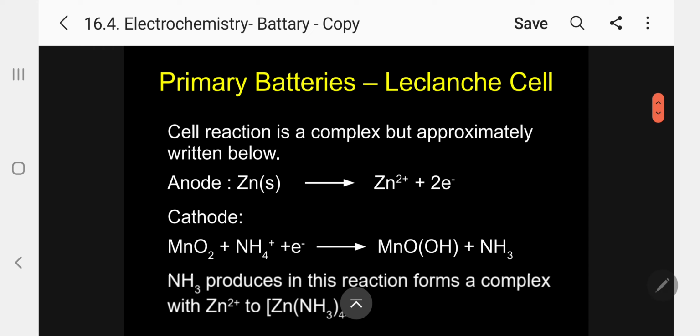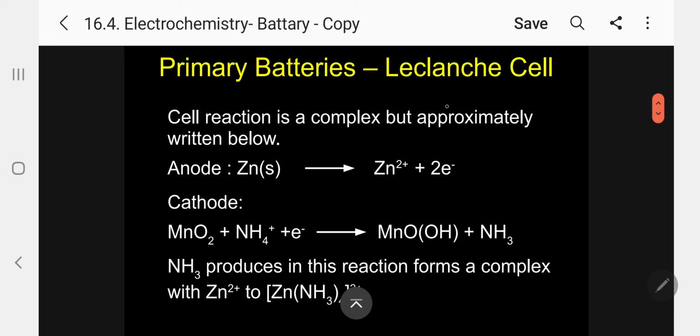What is most important? The question will be asked. Only the reactions will be asked. The cell reaction in the case of the Leclanche cell is complex, but approximately written below. At the anode, the zinc rod ionizes to give Zn2+ and 2 electrons, so it undergoes oxidation.